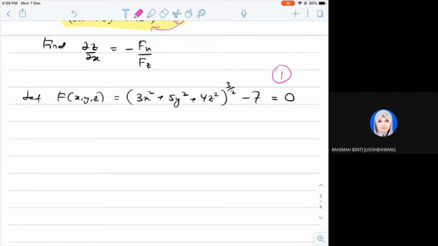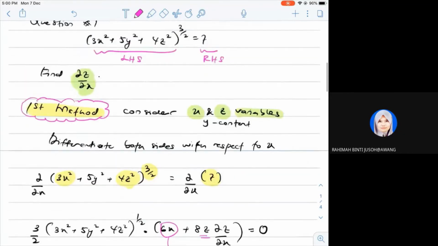Alright, after that, we need to find the fx. So f differentiate with respect to x. So of course, when we differentiate f with respect to x, we just consider only one variable, which is x as the variable. Okay, kita hanya consider satu saja jadi variable. So the rest, y and z, become constants. Dia terbalik dengan tadi. Kenapa dia complicated, guys?